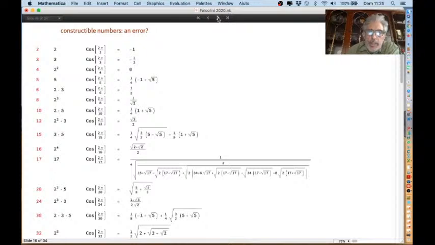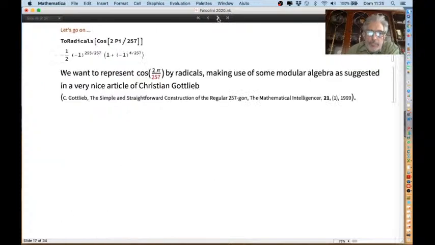Well, the problem can be solved. So why do we have this answer for a number that should be constructible by Gauss's theorem, since 257 is a Fermat prime?